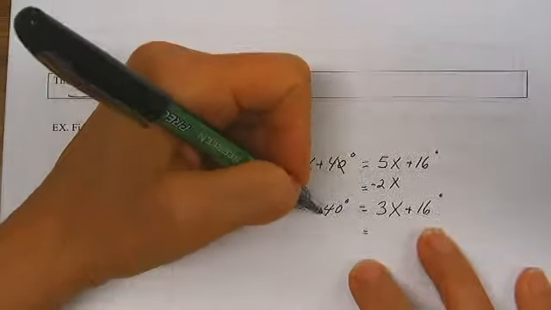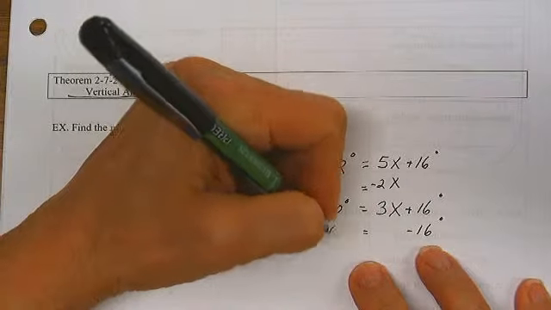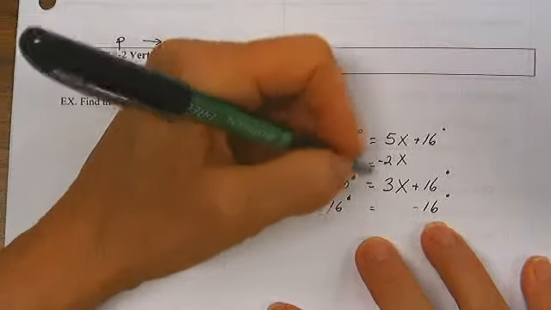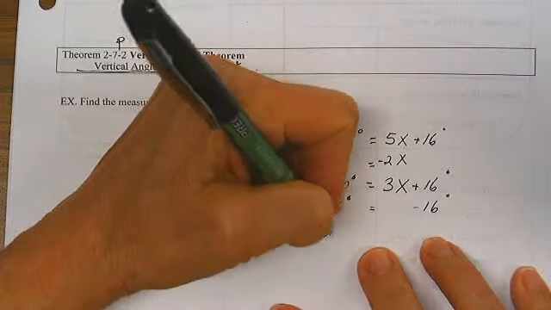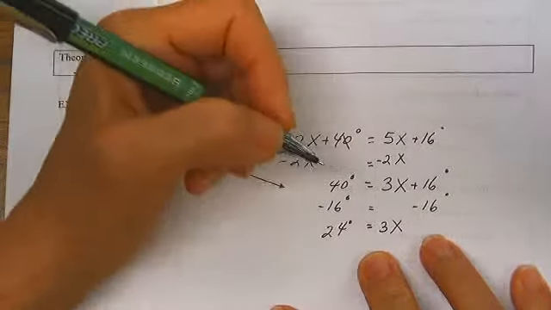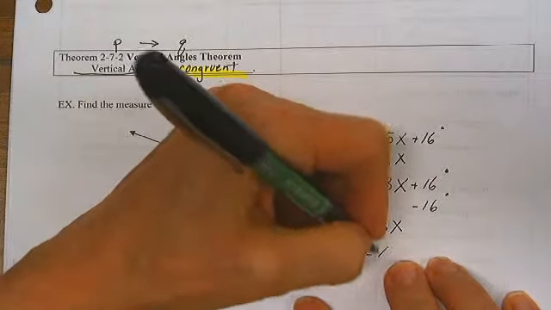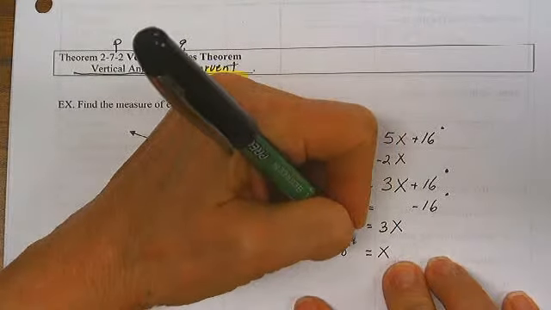Now I subtract 16 from each side. That's going to give me 24 degrees equals 3x. So divide both sides by 3 and x equals 8 degrees.